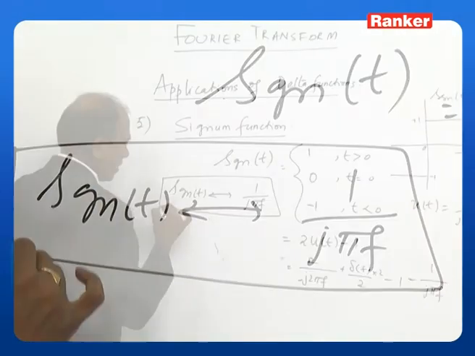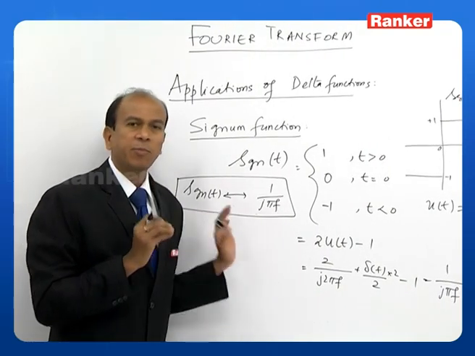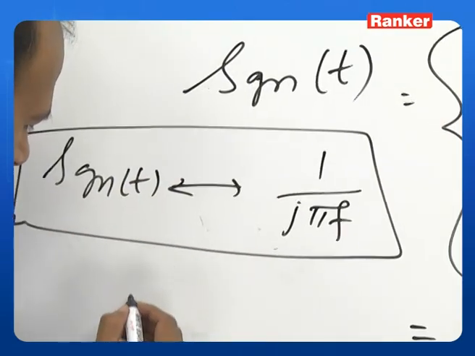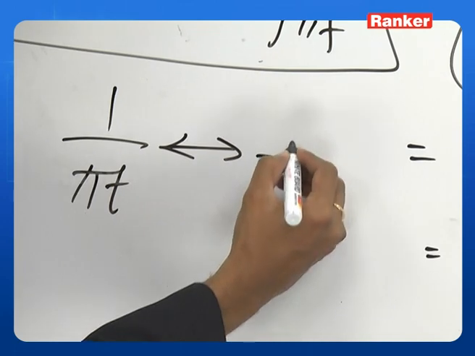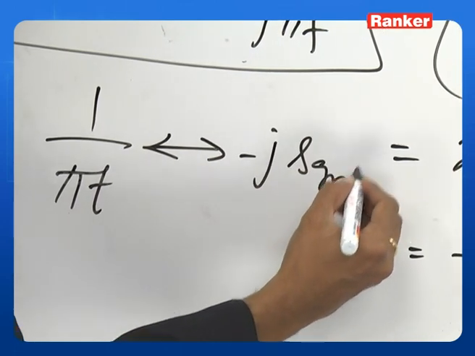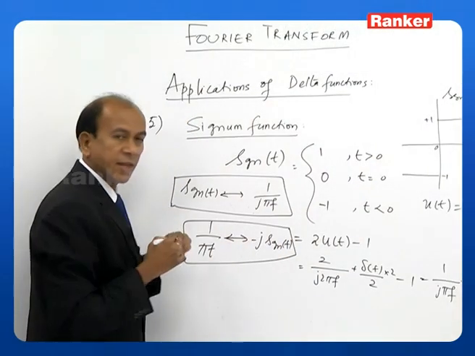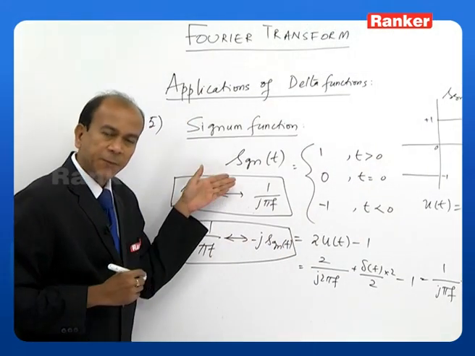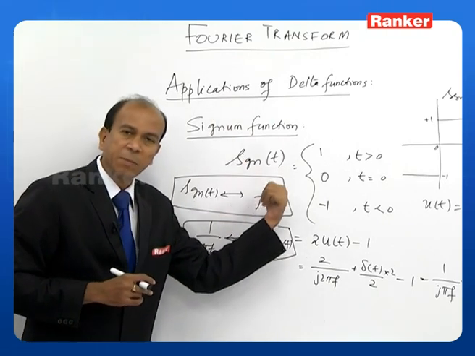We got this here, and then if I apply a duality property to this, then I will get this as 1 by pi t will have a frequency domain representation of minus Signum of f. Okay. So, this is the Signum function which is having a Fourier transform 1 by j pi f.